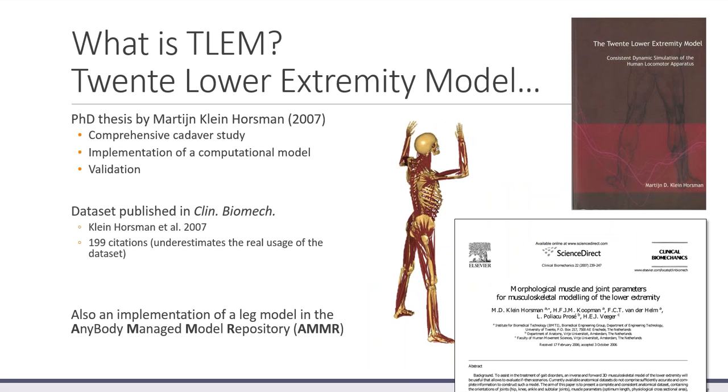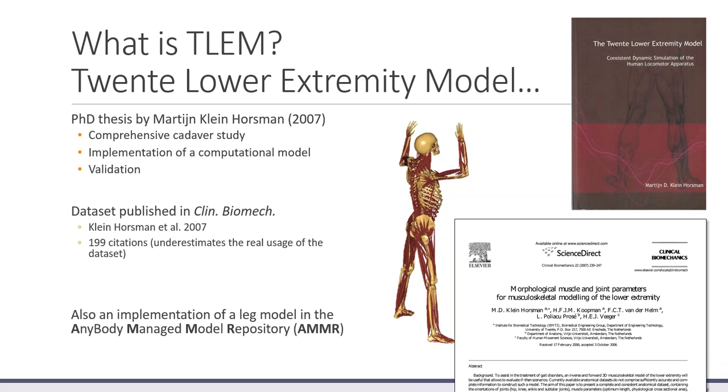The 20 lower extremity model is also a data set that was published in Clinical Biomechanics in 2007. This is the paper you see here on the lower part of the screen. When I checked yesterday, this paper had 199 citations, according to Google Scholar. And I think that number actually underestimates how much the data set is actually used.